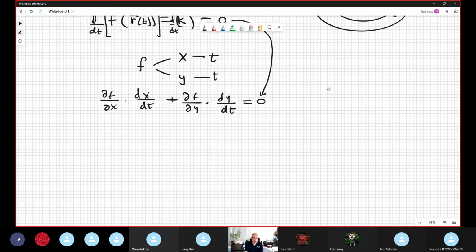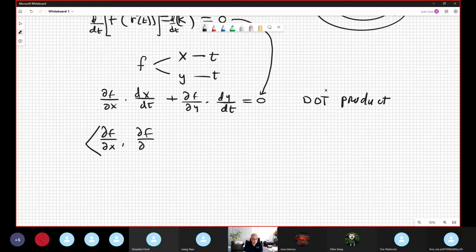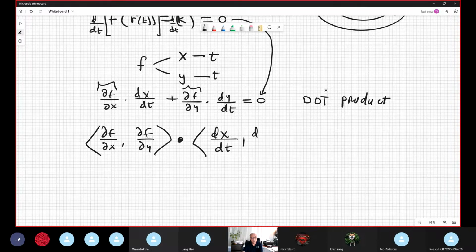Cool. So you organize this equation like a dot product. Dot product of what? Well, the dot product of this vector, partial derivative of f with respect to x, comma, partial derivative of f with respect to y, with this vector, dx dt, comma, dy dt.